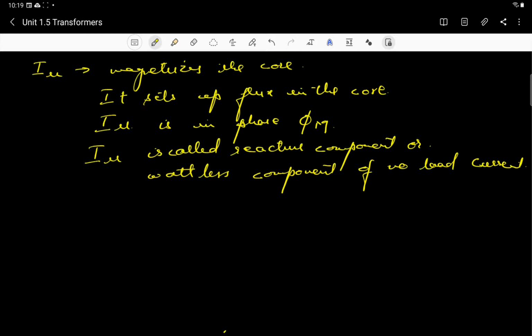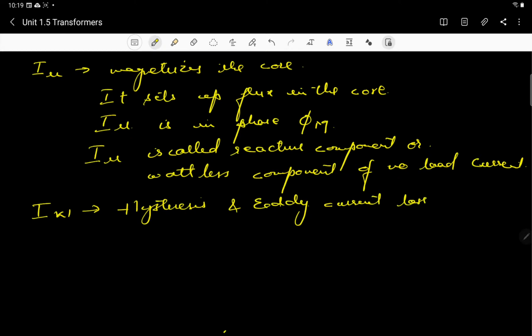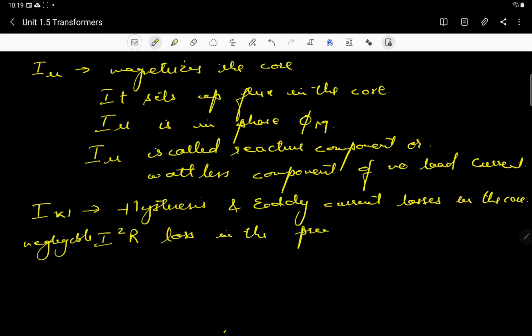Now let's discuss a few things about IW. What is this? IW is simply, as I have told you earlier, it supplies hysteresis and eddy current losses in the core, and also negligible, just remember negligible, I square R loss in the primary winding.